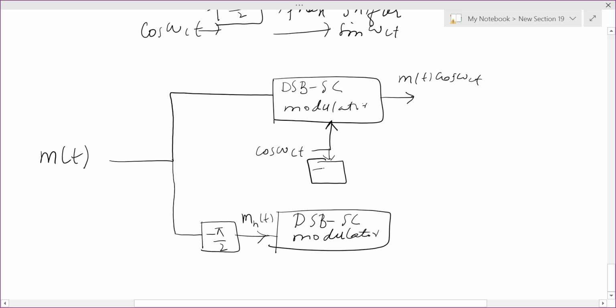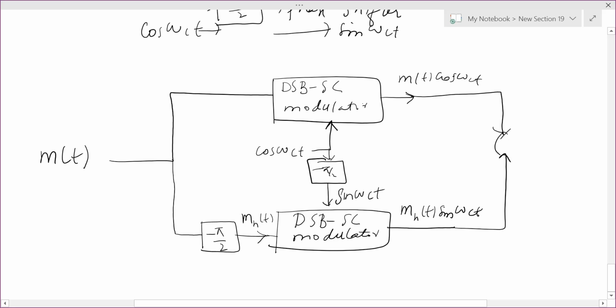You will again put the same phase shifter here. So you will get sine omega ct, and you got here mh of t sine omega ct. Then you put an adder here with a plus sign here and minus sign here, and you will get the single sideband signal.